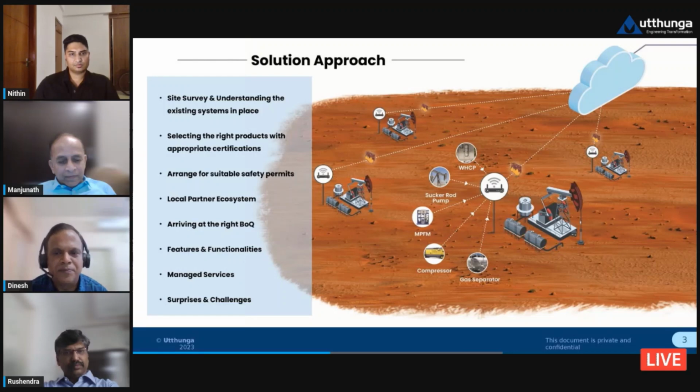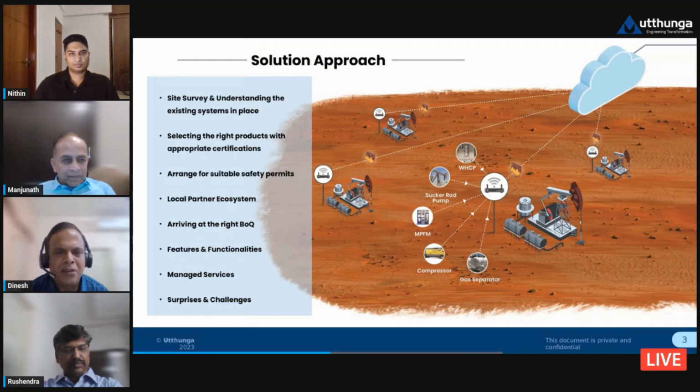So it sets the stage that the technology and the solutions which we have in this age should definitely be coming to rescue or help the oil field customers to get the value from these resources.